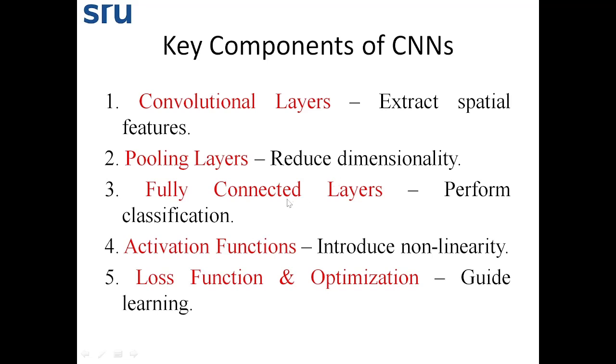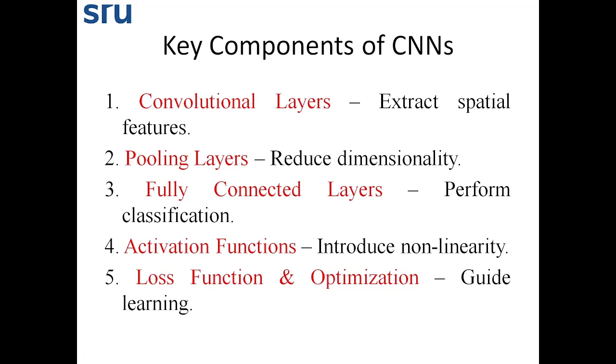After the pooling layer, we have the fully connected layers. Their function is to perform classification. In the fully connected layer, we have different types of activation functions, and these activation functions introduce non-linearity in the model.